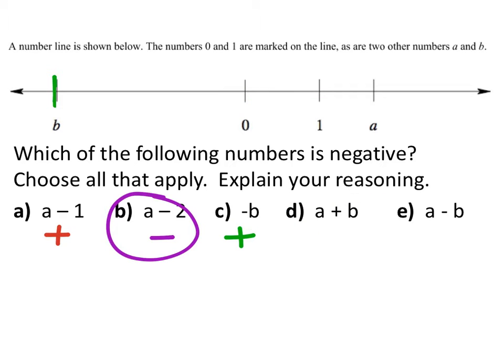Next up, we got A plus B. So, A plus B, right? And A is this long. Now B is this long from 0, right? So if I were to go back, let me take that back actually, make this work.